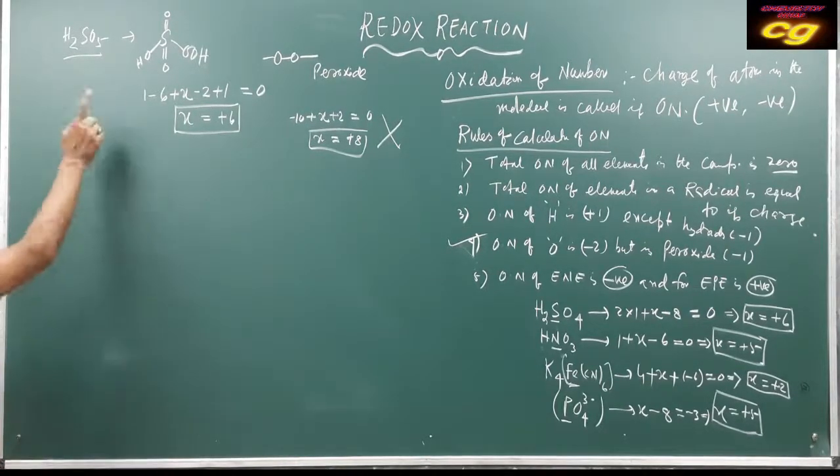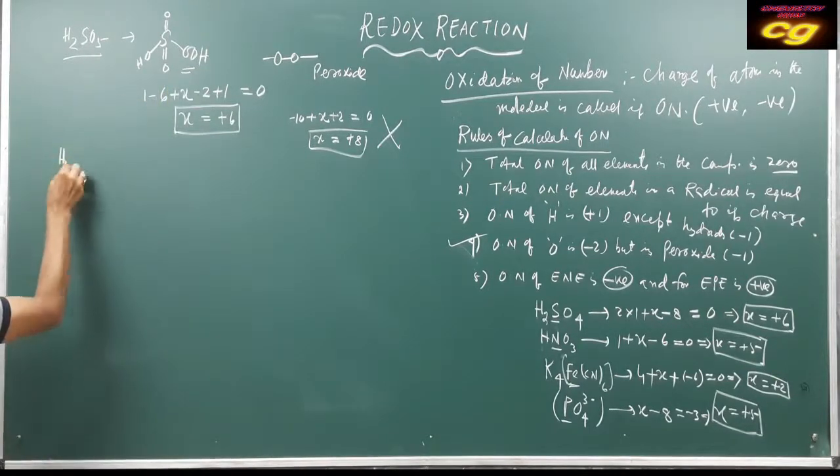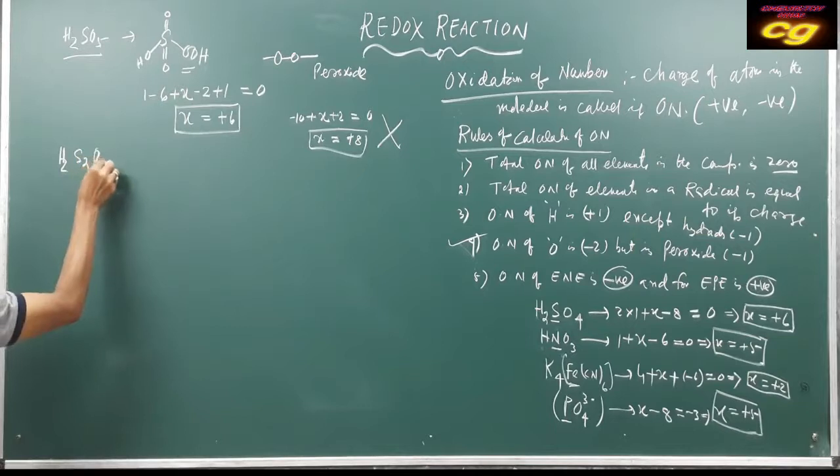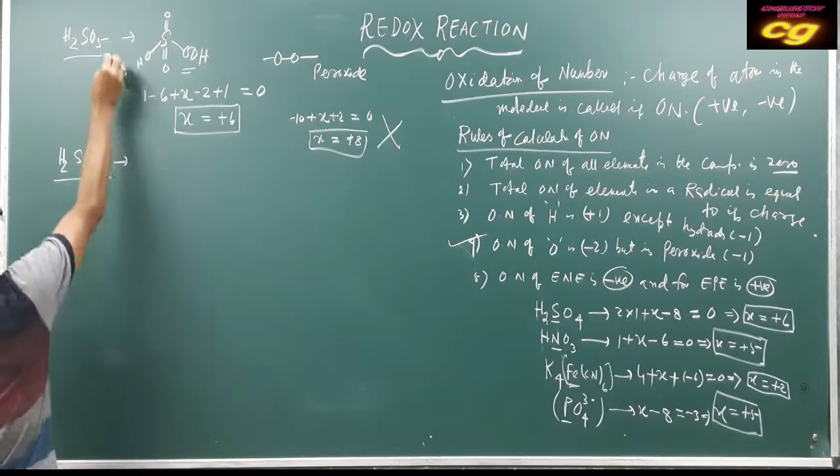So this is one method: you have to draw the structure. Similarly, H2S2O8 is called Marshall's acid, also called peroxodisulfuric acid. What is the structure?